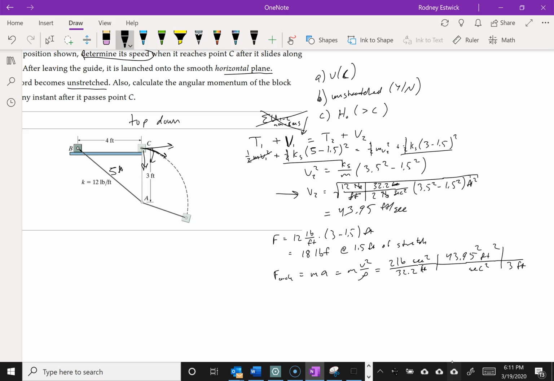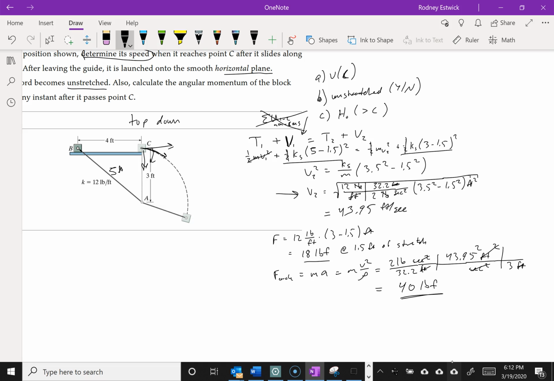Okay, so what do my units look like? The feet squareds cancel. The second squareds cancel. We're left with pounds. Good. That's what I want. All right, so 2 times... It comes out to be 40 pounds. 40 pounds of force. So 40 pounds of force to make this a circle is what it would take.